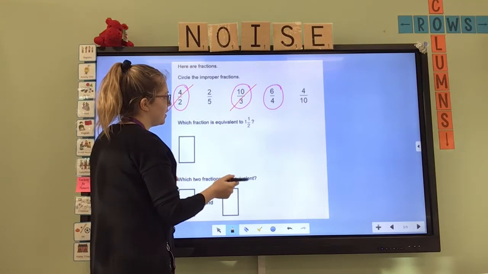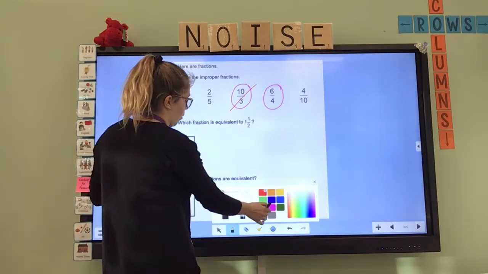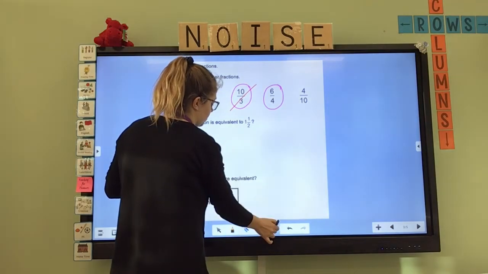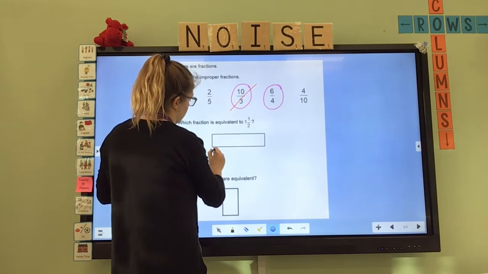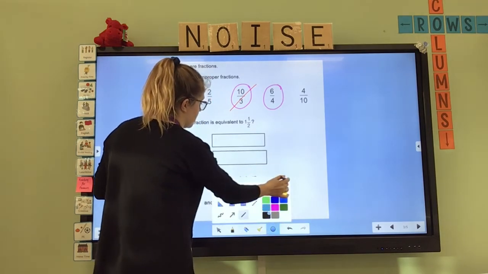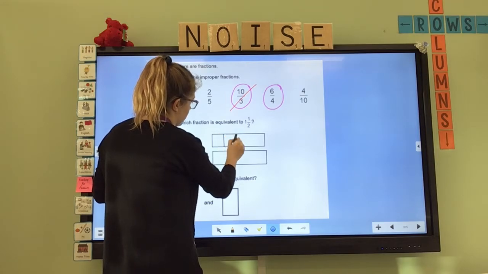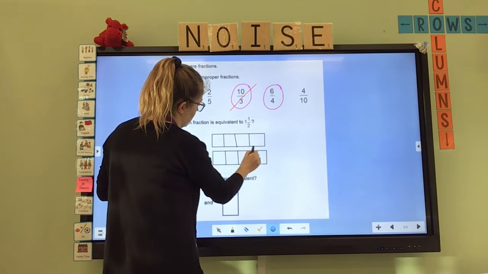Which leaves my 6/4. So if we think about my 6/4, we could draw it like this. Got my wholes there. 1, 2, 3, 4. 1, 2, 3, 4.